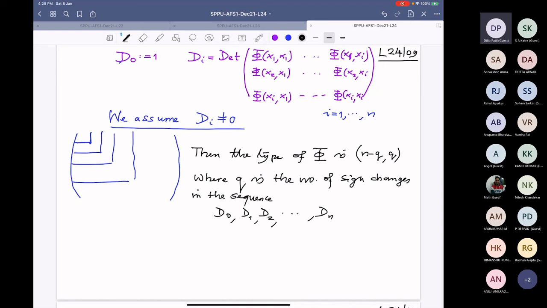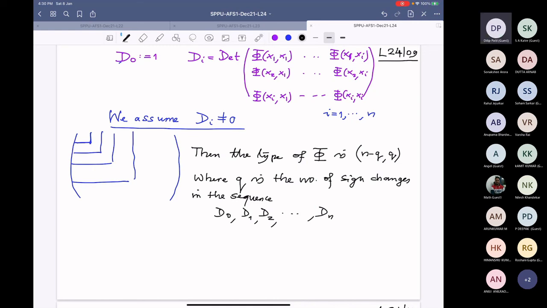So you say if they are of different sign, then you count it once. If they are of the same sign, discard, and so on. So the number of sign changes in the sequence is precisely that integer q. And that is the criterion. So once you know q, once you know it is non-degenerate, then you know what p is.